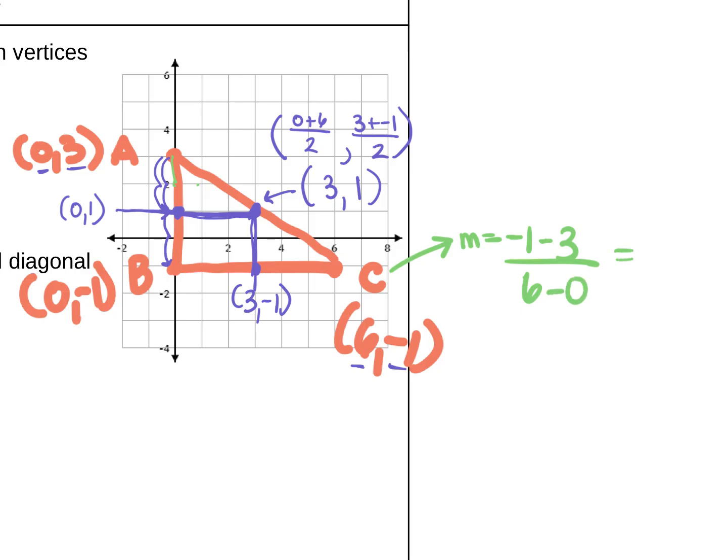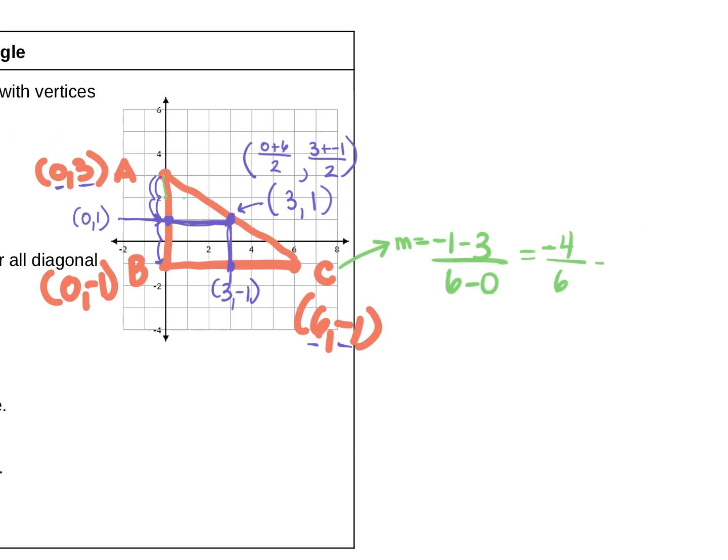So we get -4 over 6, right? And then if we reduce that, we would get -2 over 3. So 1, 2, 1, 2, 3. Yeah, you can kind of see that. And then if I want to find the perpendicular through it, I would just do the opposite. 3 over 2 would be the perpendicular slope.